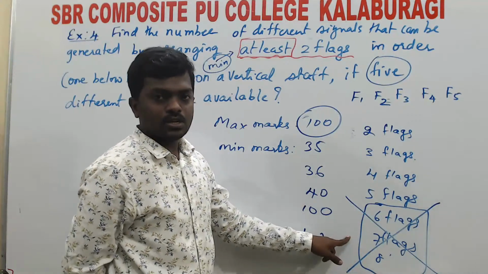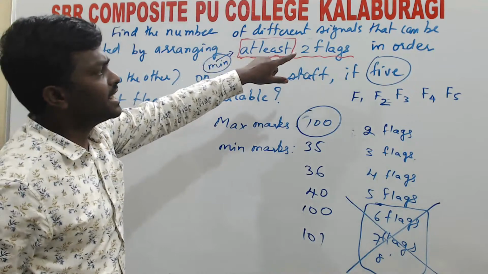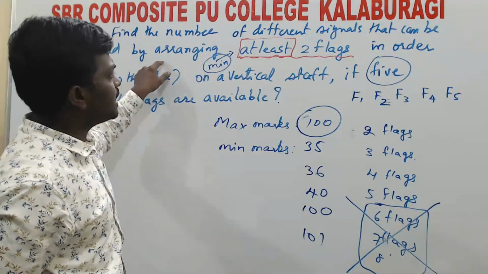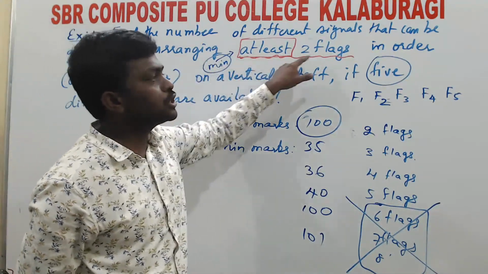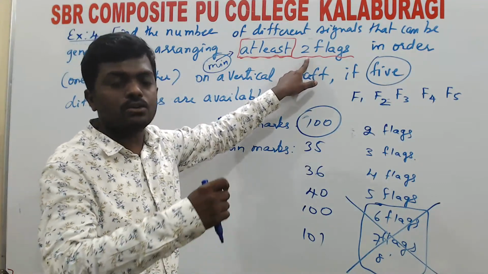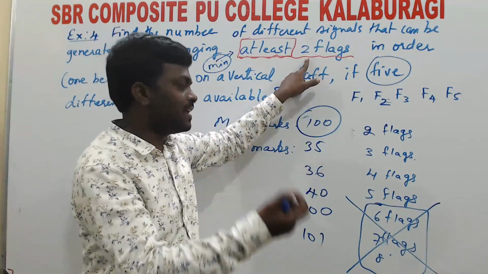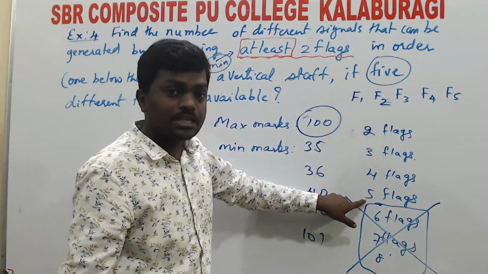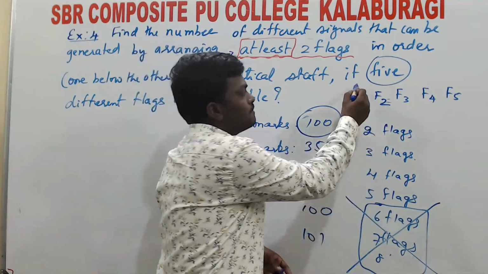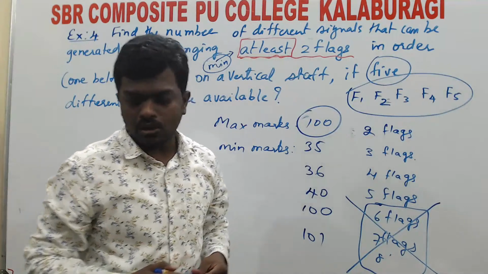Okay, is that clear, students? So find the number of different signals that can be generated by arranging at least two flags. Now you have understood. Means two flags, three flags, four flags, and five flags. Up to five flags only is possible because we have been given only five flags. Okay, so now let's solve this.